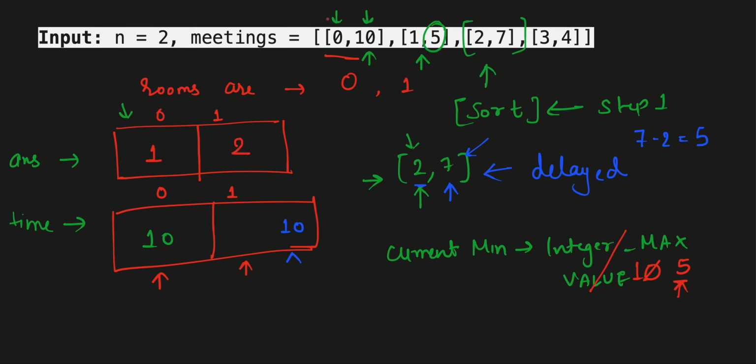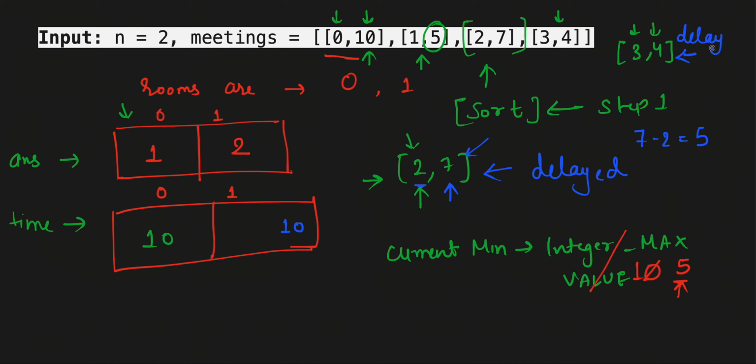Okay, now I got the fourth meeting, which is 3, 4. Starting time is 3 and ending time is 4. I came here. I cannot pick this because it will be unoccupied at 10. I cannot occupy this. So this particular meeting also gets delayed.